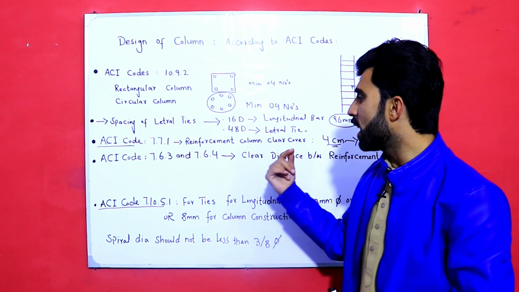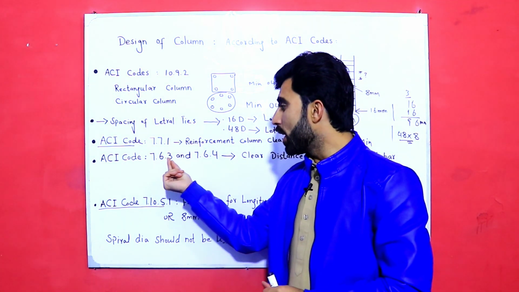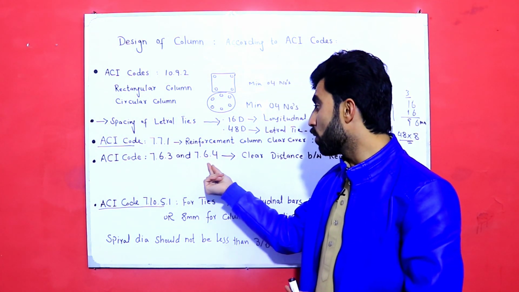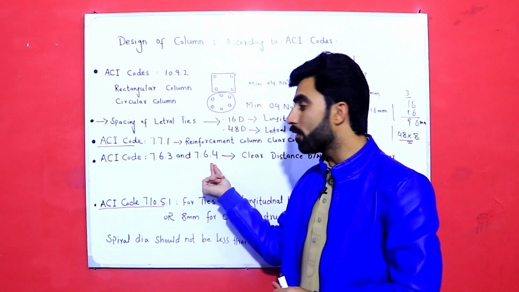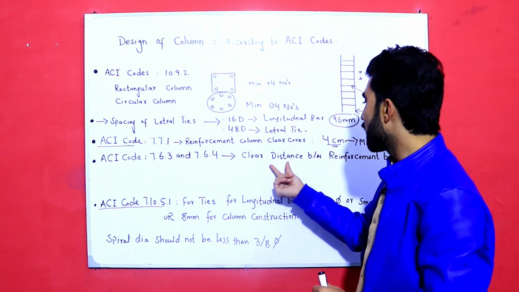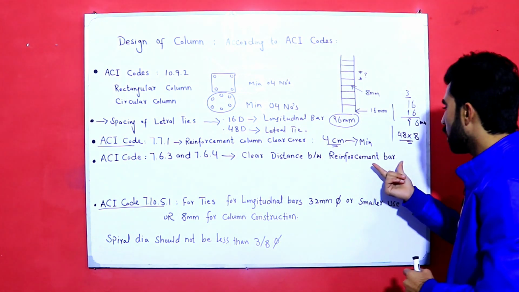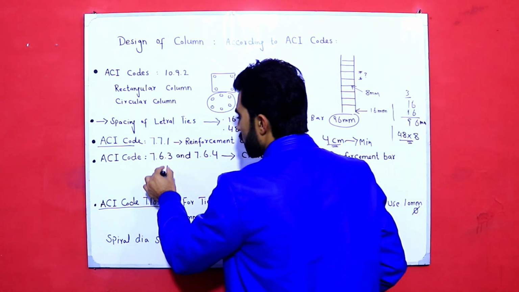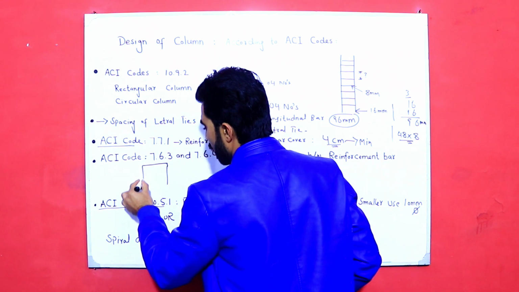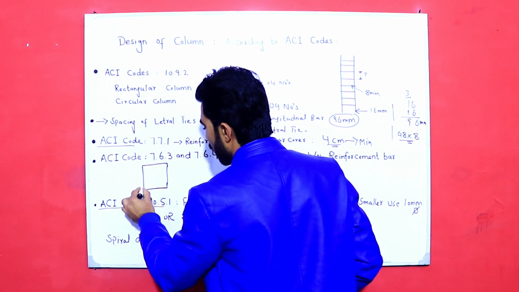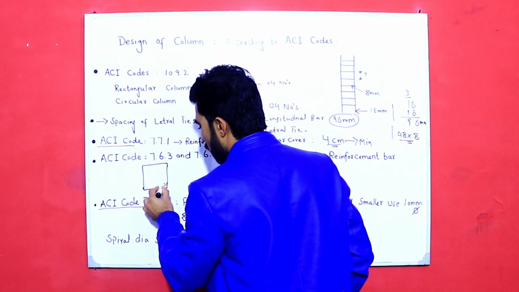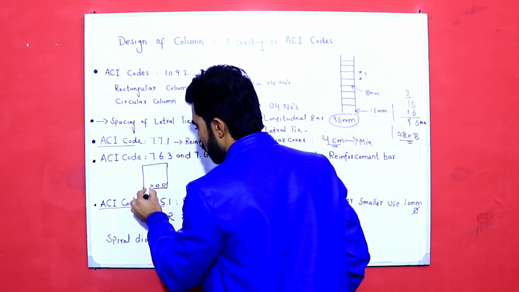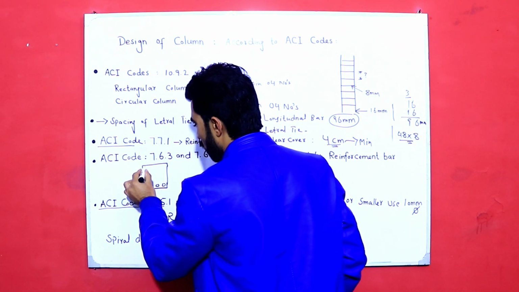The other one is ACI code 7.6.3, also for clear distance between reinforcement bars. In 7.6.3 and also in 7.6.4 you can find information for clear distance between reinforcement bars. As you can see, for example, this is a square column and these are steel bars.